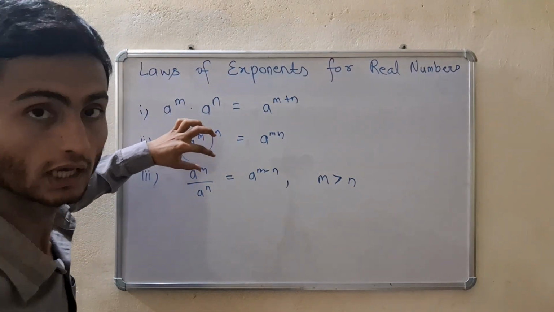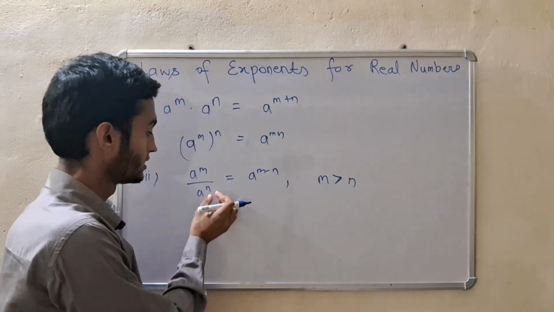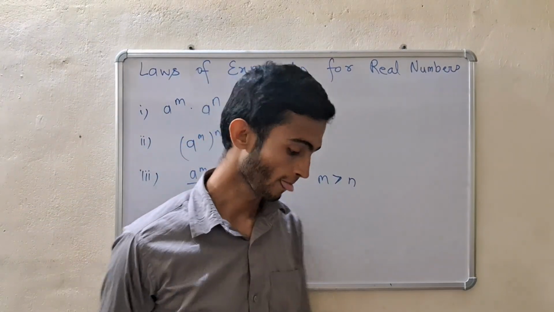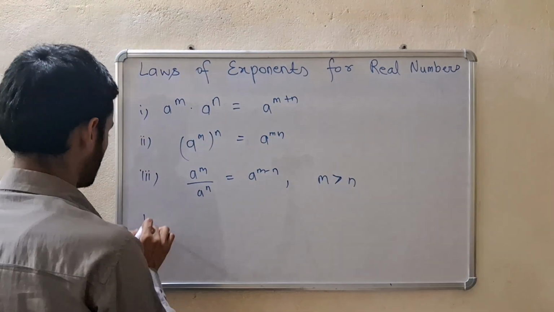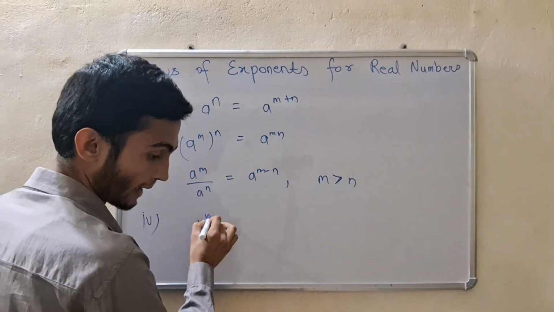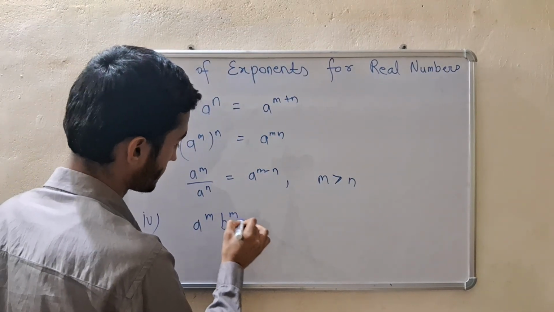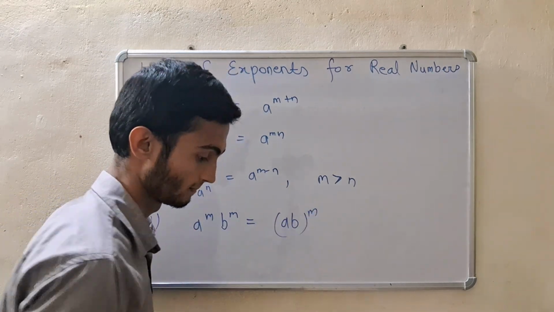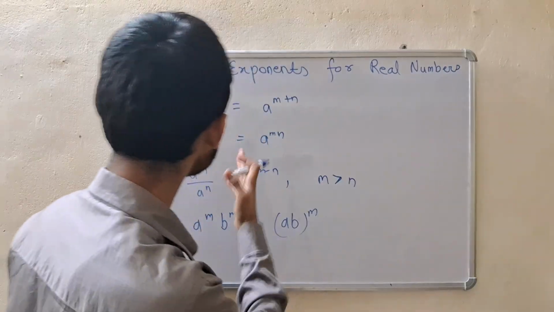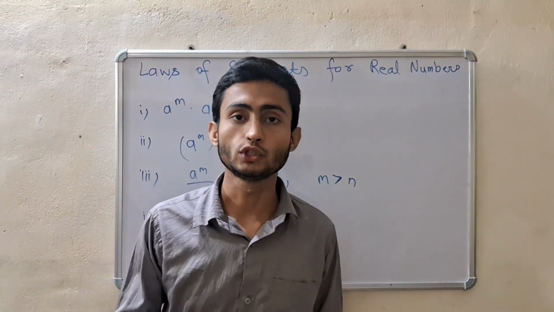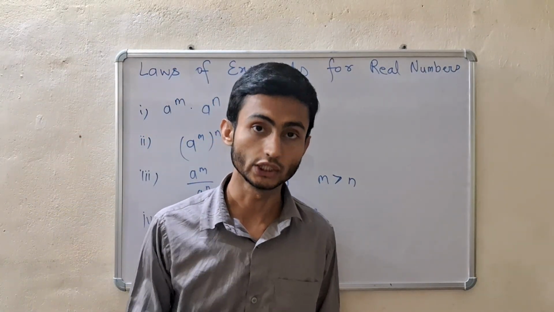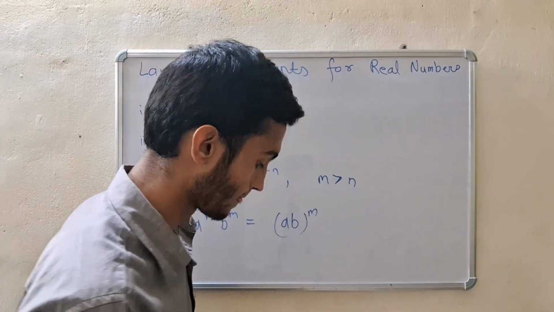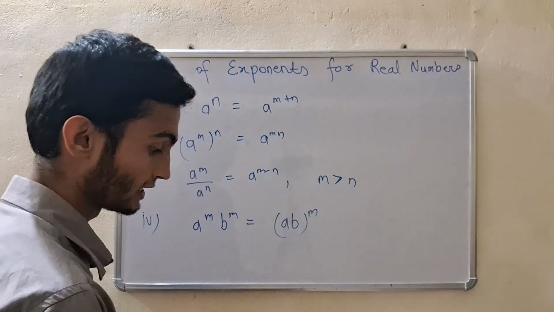The exponent in the numerator is greater than the one in the denominator. And the fourth one is this: a to the power m times b to the power m equals a times b, whole to the power m, right? So these are four laws which you already know, which you have already applied in your questions in the earlier classes. Now we will be extending these laws.